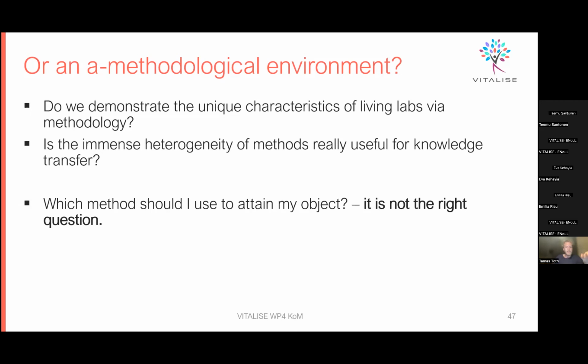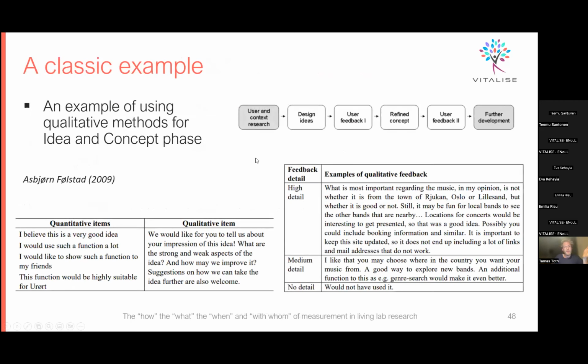Okay, next slide, please. And this is just a classic example of the first mode of thinking, when you want to know something and you look for a method. This is a case from 2007 from a living lab called Record Living Lab, and they were creating a music streaming service.